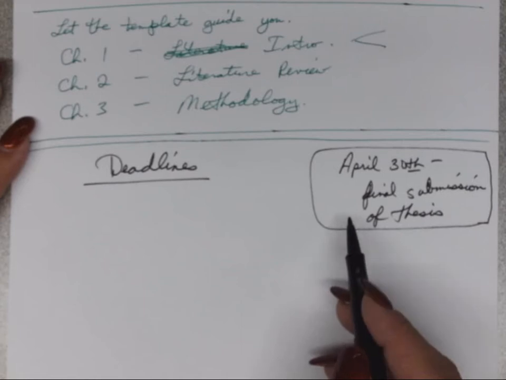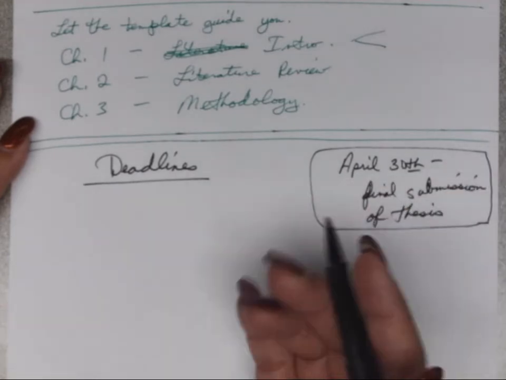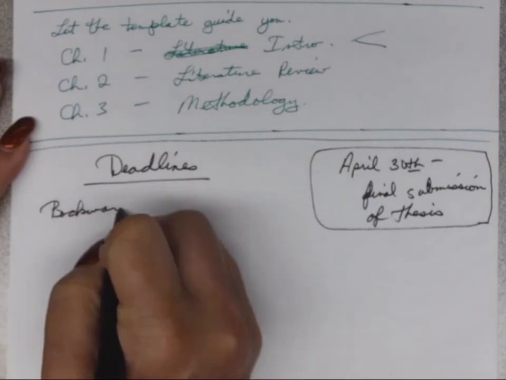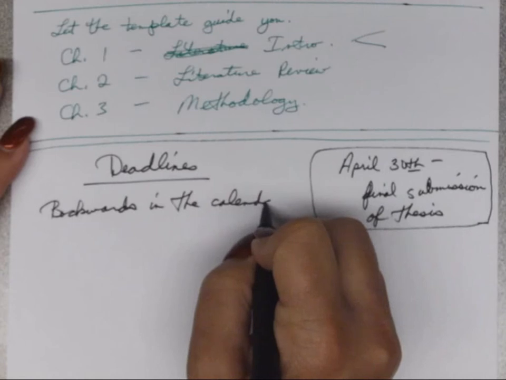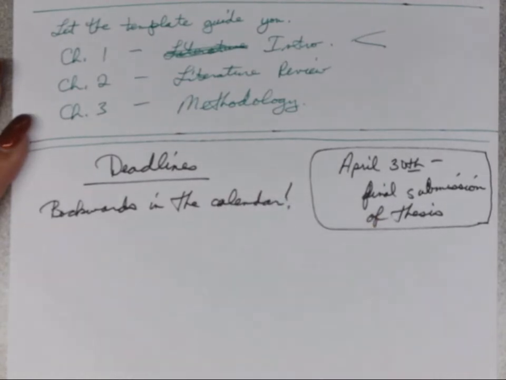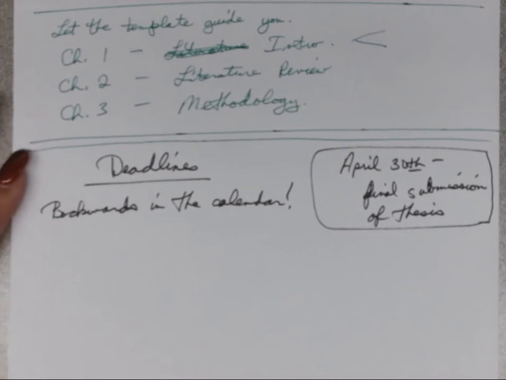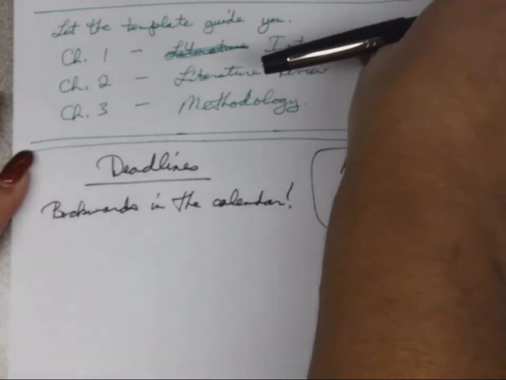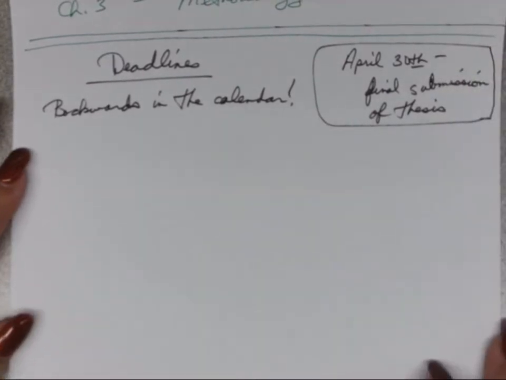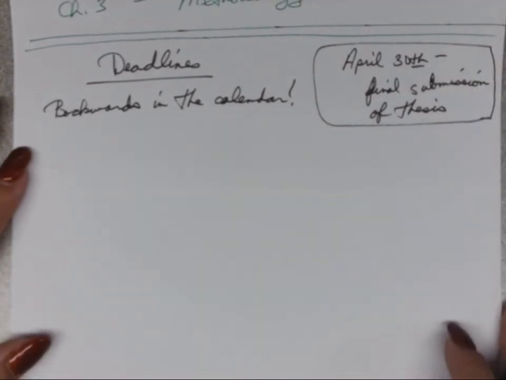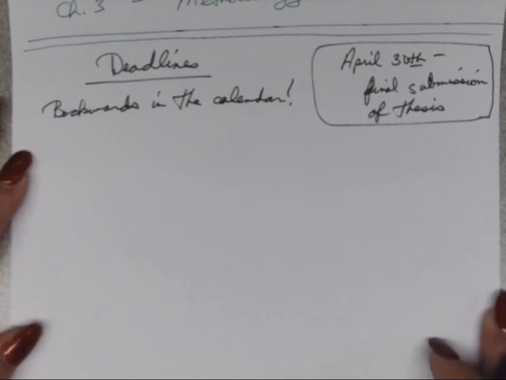So what I like to do is I like to work from a deadline and go backwards, okay? Backwards in the calendar. In fact, one year I actually worked with a group of about 7 people who were working on their 595s, and they were coming up on the end of their time period for when they were able to submit their 595, or else it was their total 6 years in the master's program, and if they didn't finish their 595, they would start losing classes towards their degree, which would mean that they would have to start retaking those classes, right?